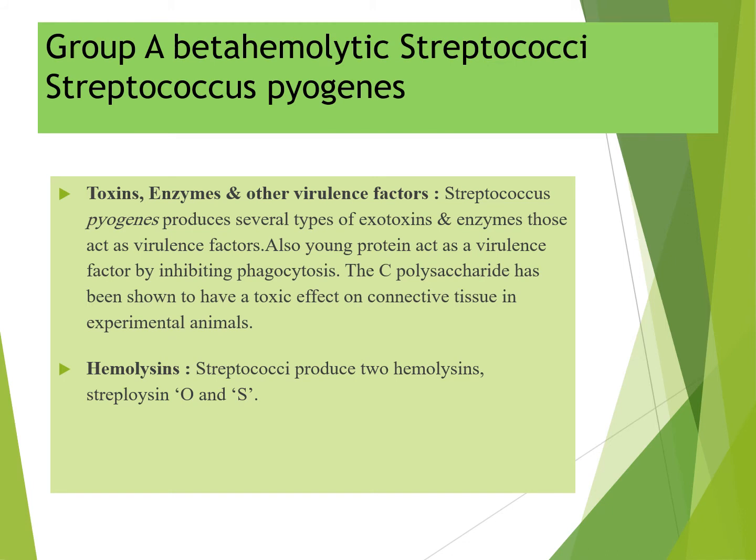It is lethal on intravenous injection into animals and has a specific cardiotoxic activity. These are all the characteristics of streptolysin O. Streptolysin O resembles the oxygen labile hemolysins of Clostridium perfringens and Clostridium tetani. These two types of bacteria produce something similar to this enzyme.